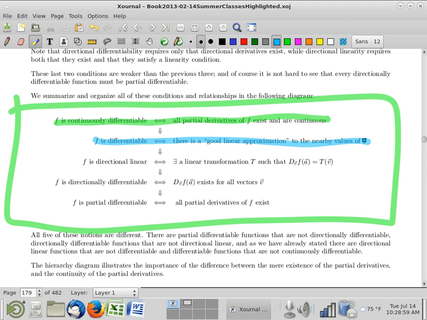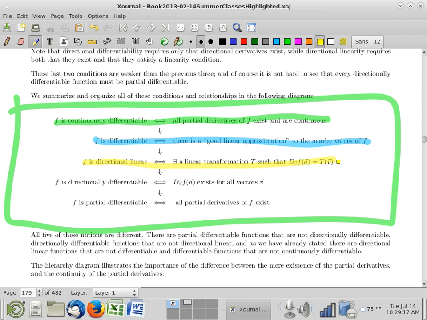I didn't go into the details. We did talk significantly about directional linearity, namely a function is directional linear if directional derivatives can be computed with a linear transformation, like that polynomial that we saw at the start of this section.